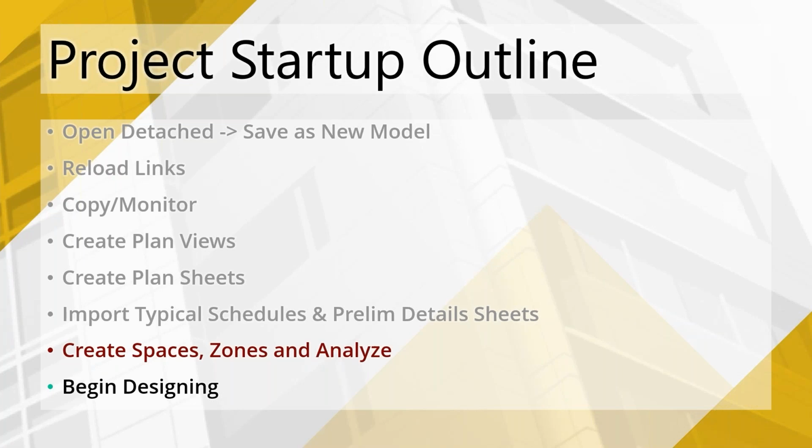Today's session, we're talking in depth about creating spaces, zones, and doing a little preliminary analysis. We're also going to talk very lightly about the beginning of the design process, though that really falls on you. I'm just going to point you to a few views you can leverage in our preset view templates for designing and beginning that process.